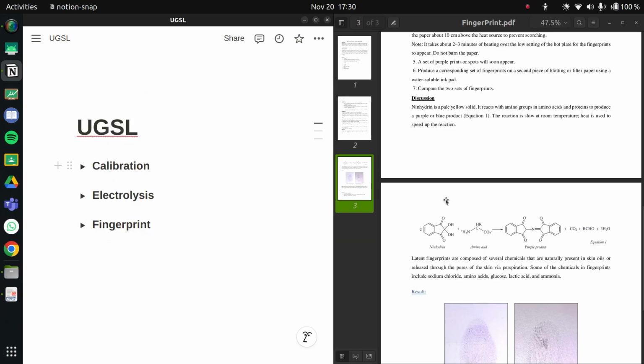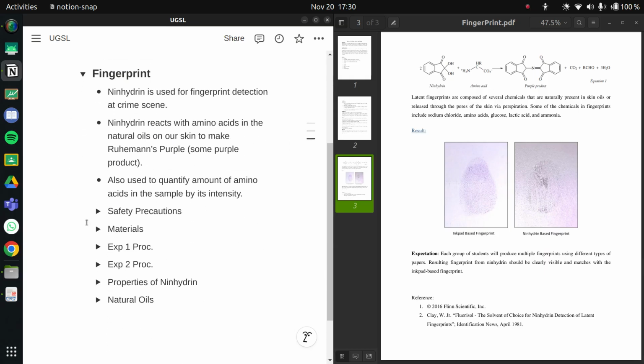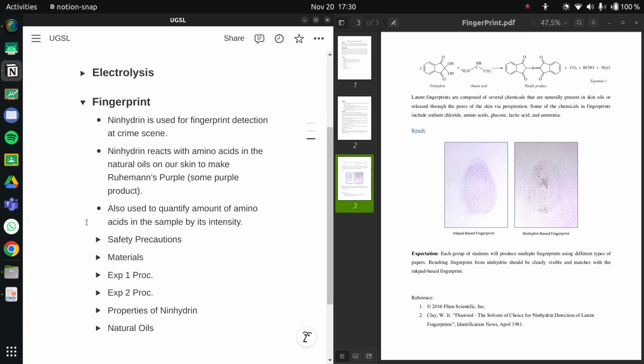Cool. These are results. So each group of students will produce multiple fingerprints using different types of paper, resulting in, okay, clearly visible prints that match the ink-based fingerprint. So these two should be the same. Oh, okay, wait. Ink-based is just that.